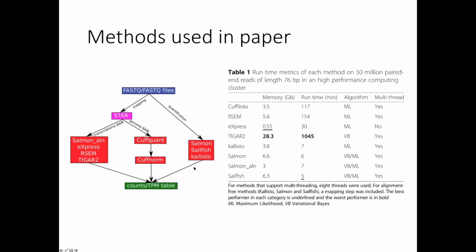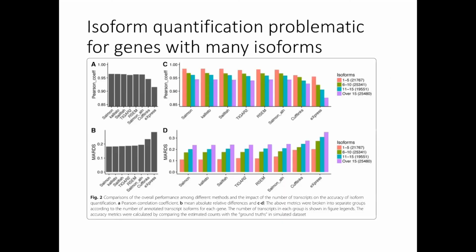And the take-home message is that all of them are doing a quite good job. In this case, they were mapping generated reads.